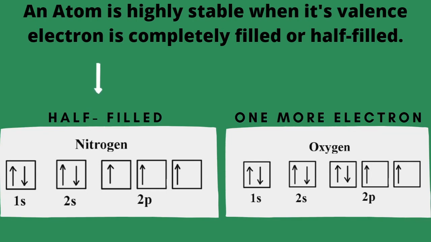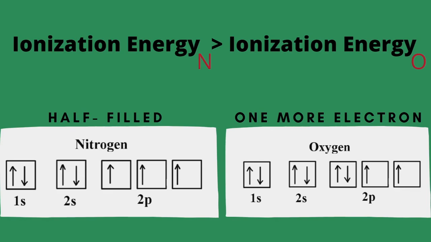When an atom is highly stable, its ionization energy is more, because it is more difficult to remove an electron from a stable atom than from a not so stable atom. Therefore, the ionization energy of nitrogen is greater than the ionization energy of oxygen, right?